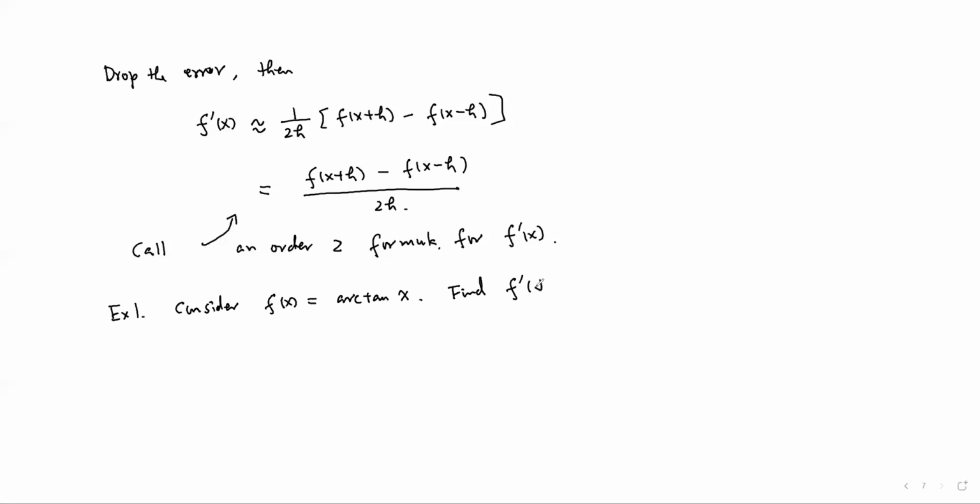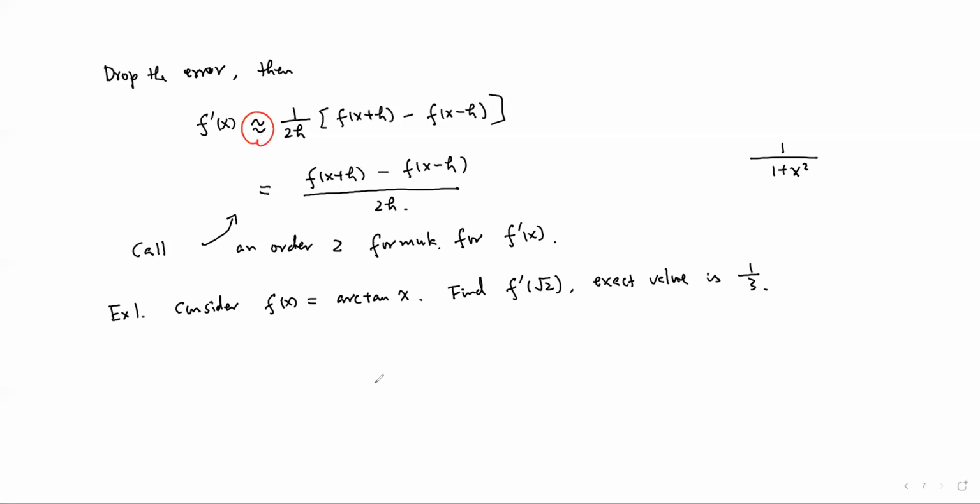The derivative of arctangent is 1 over 1 plus x squared. Then plug in square root of 2. So the exact value is 1 third.